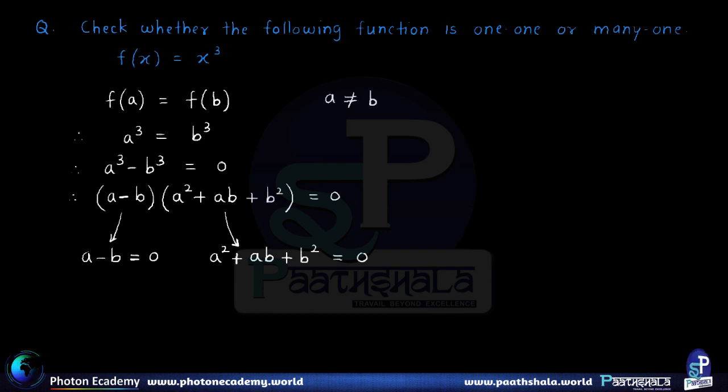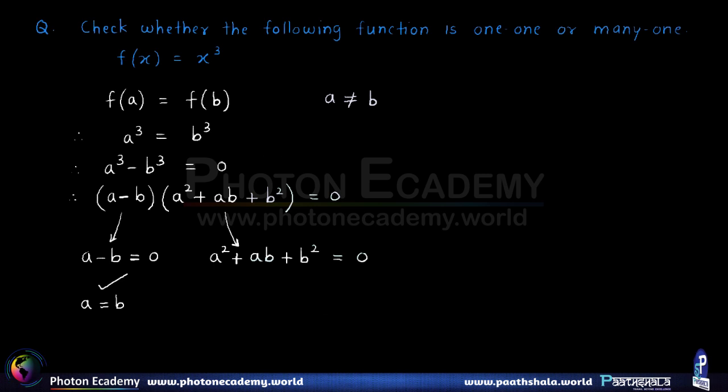Now we know that if a minus b is equal to 0, it means that a is equal to b, right? And that is the condition we want for one to one nature. But for that we must prove that the second condition is not valid.